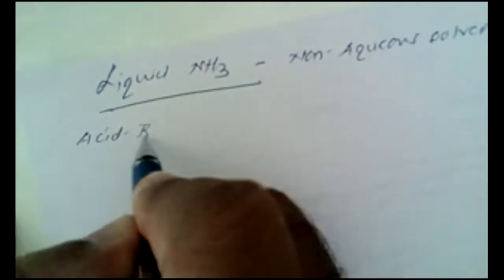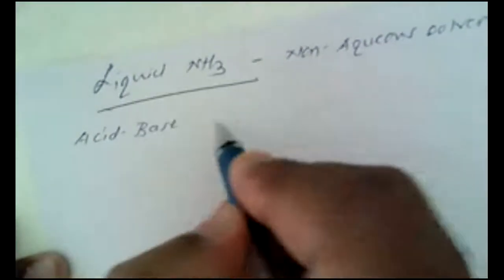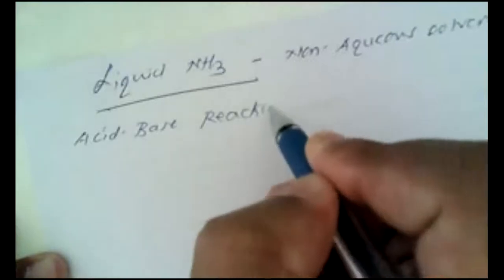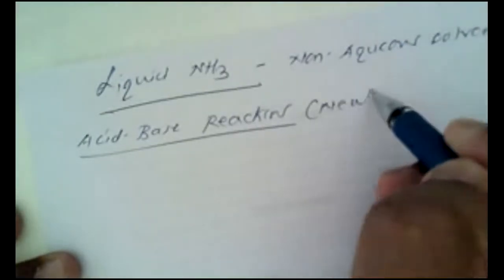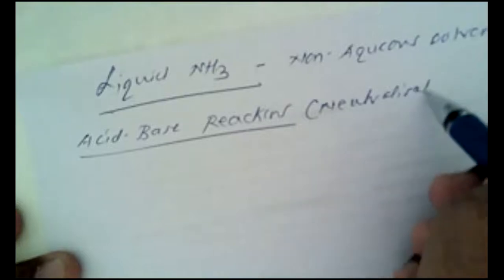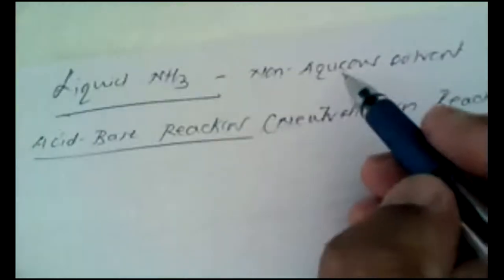For example, if we take the acid-base type of reactions that take place in liquid ammonia, this reaction is also known as a neutralization reaction. A very simple reaction that I am giving here.